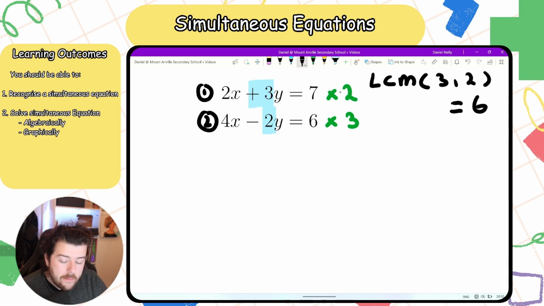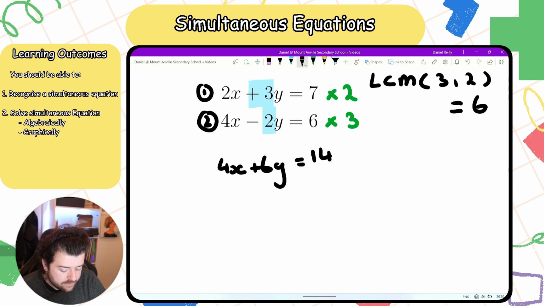When I'm multiplying an entire equation by a number, I'm multiplying every single term by that number. So 2x times 2 gives me 4x, 3y times 2 gives me 6y, and 7 times 2 is 14. That's my first equation.